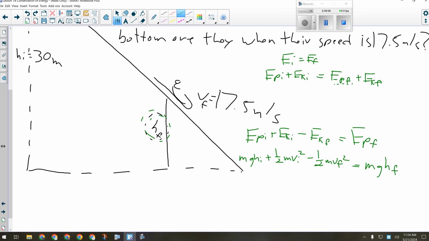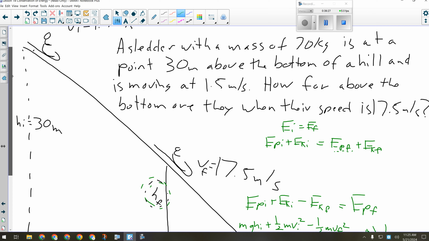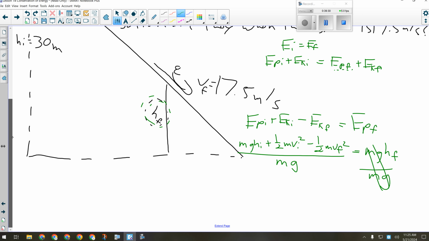Okay, so I want to get HF by itself. What do I have to do with the M and the G? Divide it over to the other side. All right, I've got HF isolated. Time to plug in my numbers. All right, the mass was 70 kilograms.